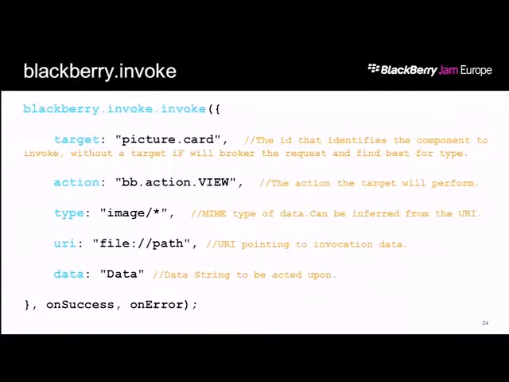In data, you can specify, I think, up to 4 kilobits of information, I think is the limit. So if you have anything more that you want to pass, you'll need to use files and store it. And then the invocation framework will handle passing that data through the files to your invocation target. Then, of course, on success and on error callbacks, depending on whether that invocation succeeded or not.